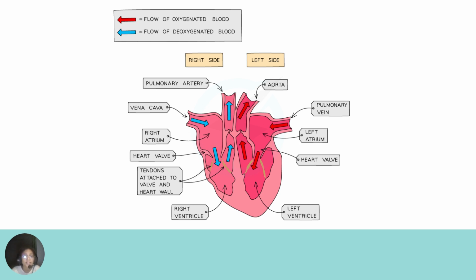To summarize, the deoxygenated blood from all the different parts of the body goes to the heart by the vena cava, to the right atrium, then to the right ventricle.